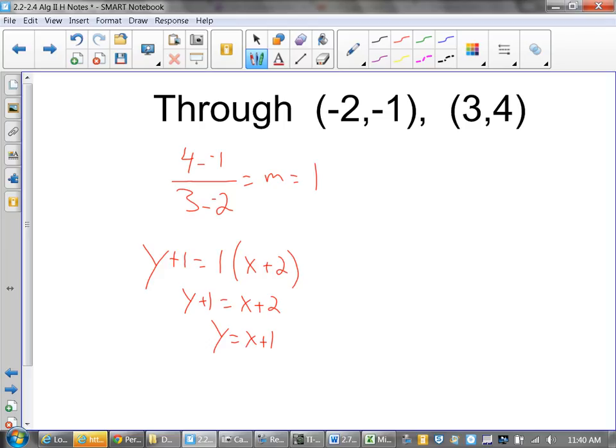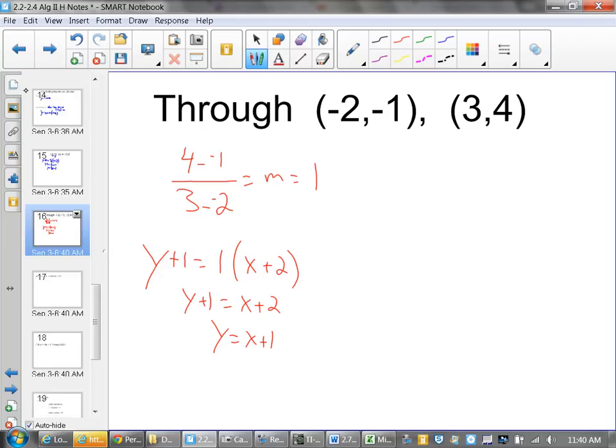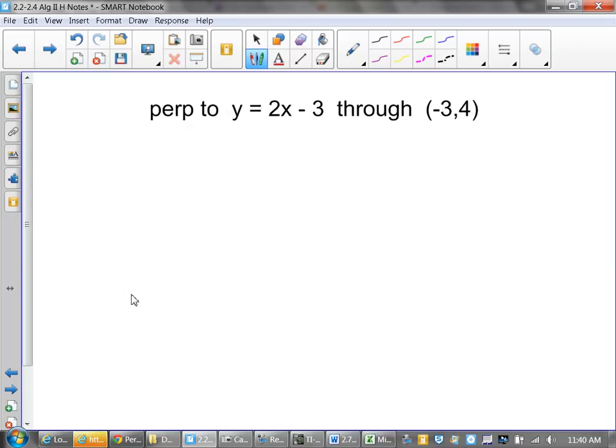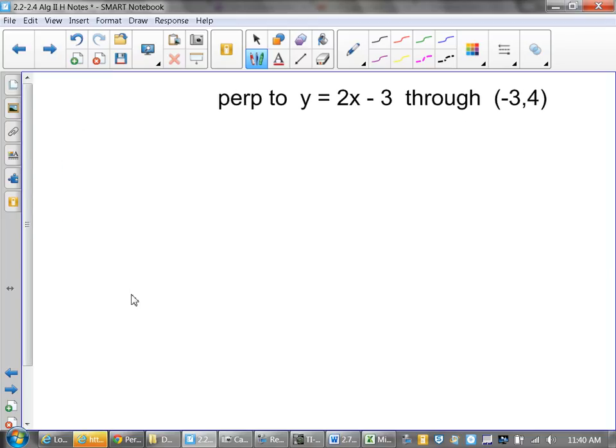All right, let's go to the fun stuff then, because I know you guys are dying for it. Writing equations of lines that are parallel or perpendicular. Now I know that there are other ways of doing this.